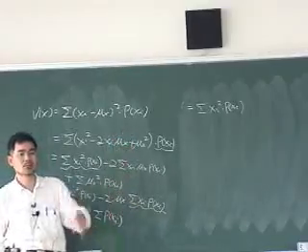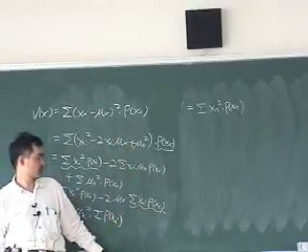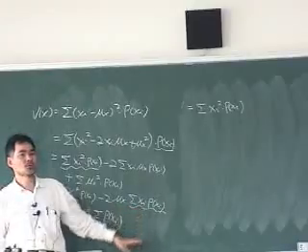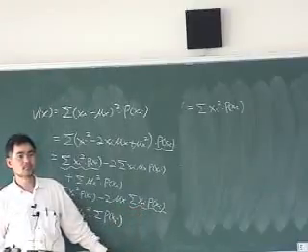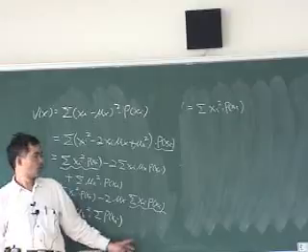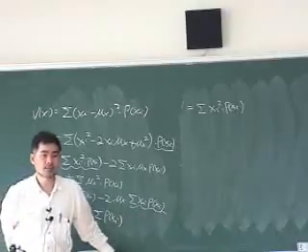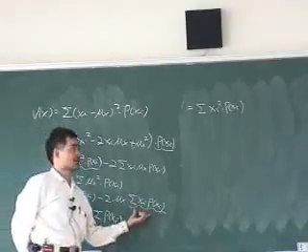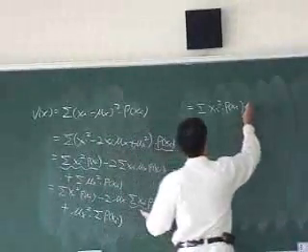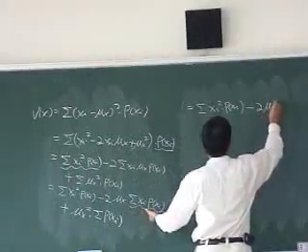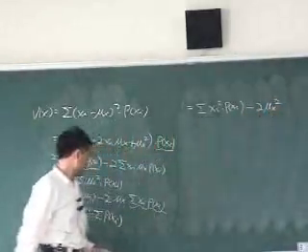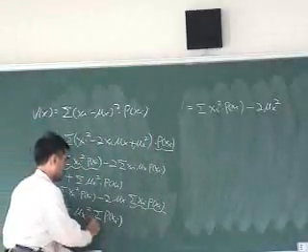If you look at your notes, you should be able to find some clues there. This is mu x, right? So then you have minus 2 mu x squared. What about this part?